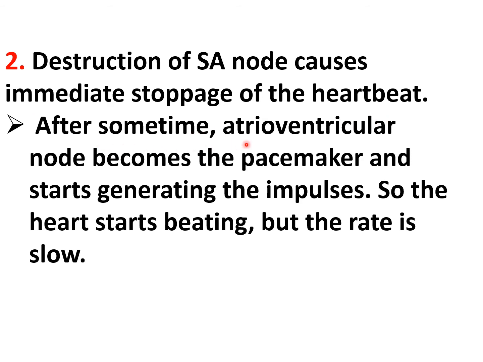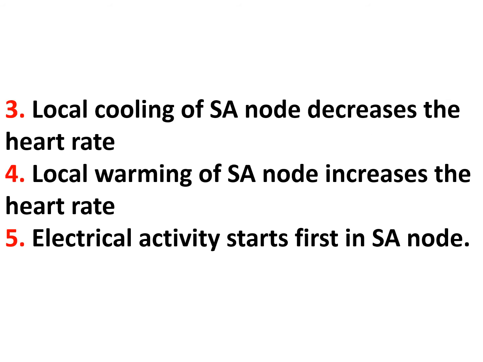After some time, the atrioventricular node becomes the pacemaker and starts generating its impulses, so the heart starts beating, but the rate is very slow. Then the impulse generates from the SA node. Local cooling of the SA node decreases the heart rate. Local warming of the SA node increases the heart rate. And electrical activity starts first in the sinoatrial node.